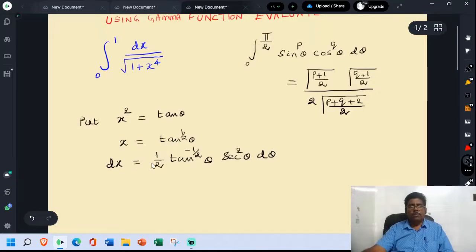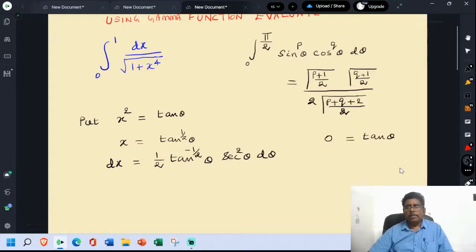Now we have to substitute all these values in the given integral. Before that, we should change the limits from 0 to 1 to 0 to pi by 4. If you think about the lower limit, that is 0 equal to tan theta.